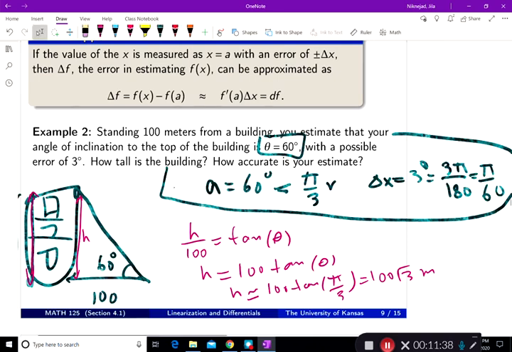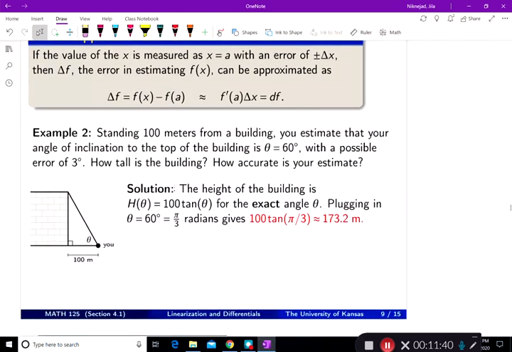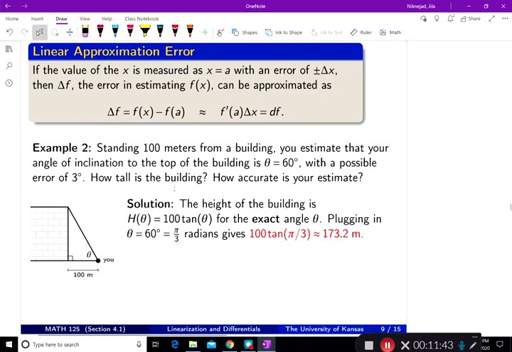So let's go to the next page. This is my approximation, and now I have to figure out the approximate delta y. Delta y is approximated by dy. And what was y? In here, instead of y, I had h, which is 100 tangent theta.